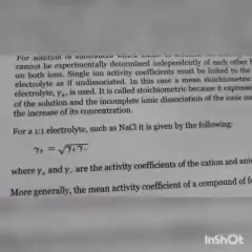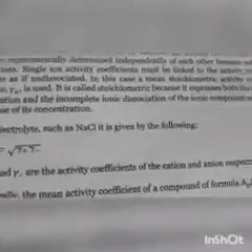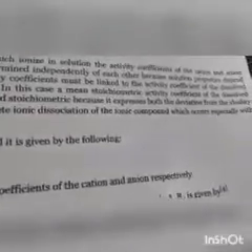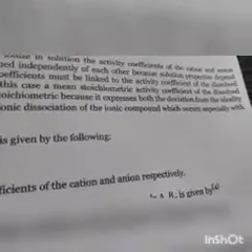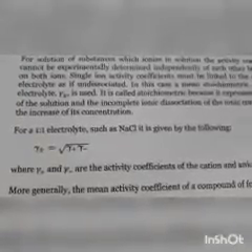It is called stoichiometric because it expresses both deviation from the ideality of the solution and incomplete ionic dissociation of the ionic compound, which occurs especially with the increase of the concentration.